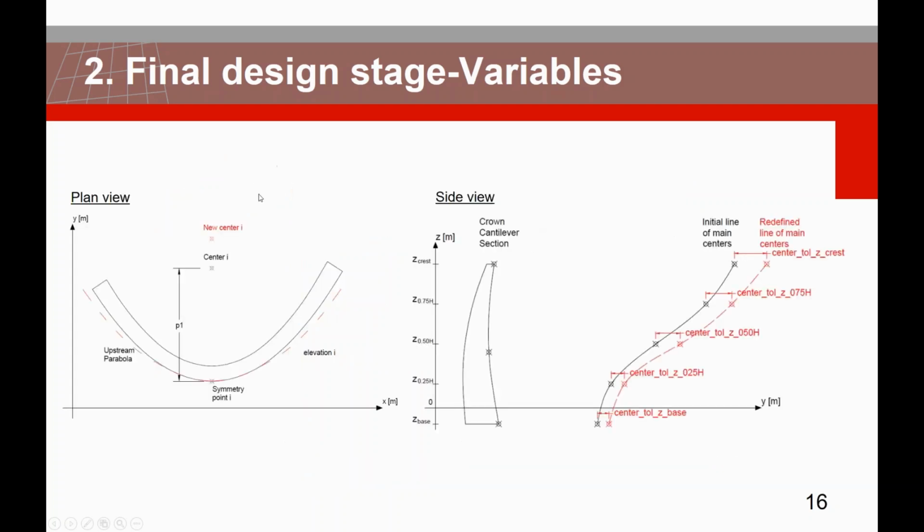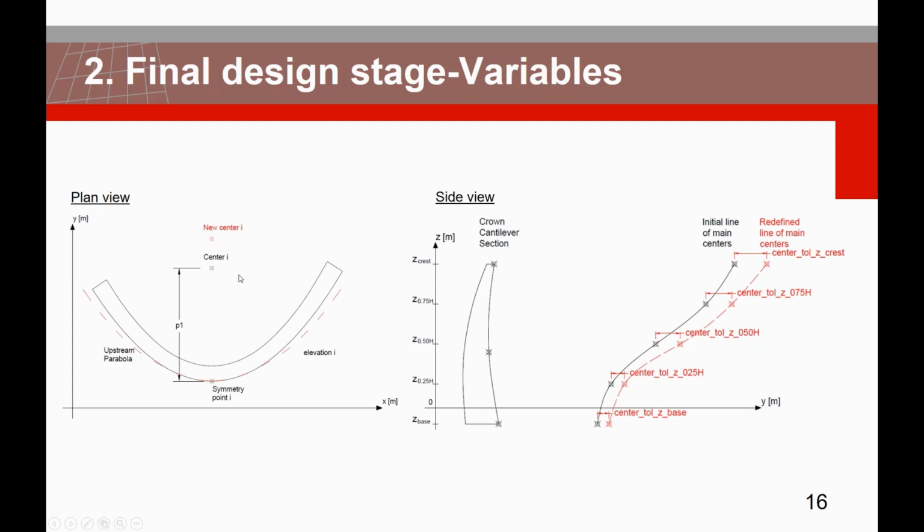And right now, for the line of main centers, let's take an example of a plan view, again from a random elevation I. Here what you can see is that as we start changing the location of the center, if the distance between the symmetry point and the center becomes larger, then the respective parabola will become wider, and vice versa.